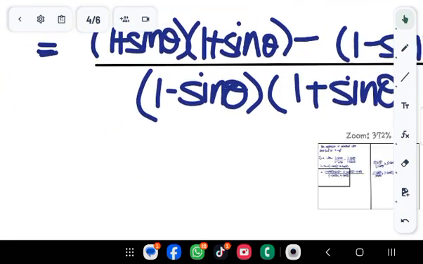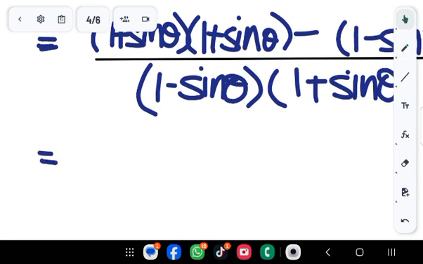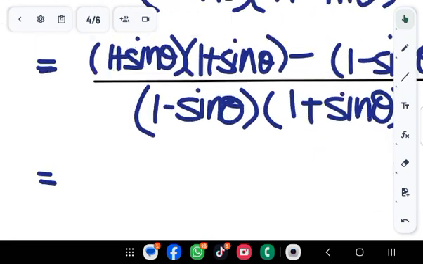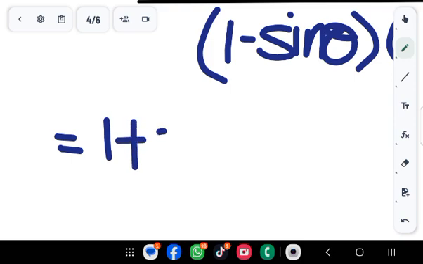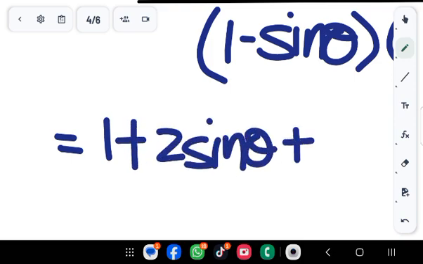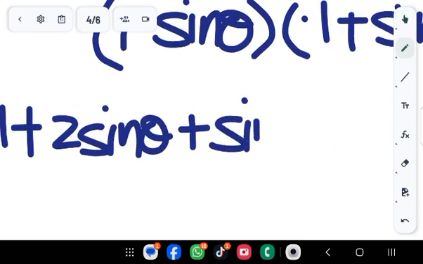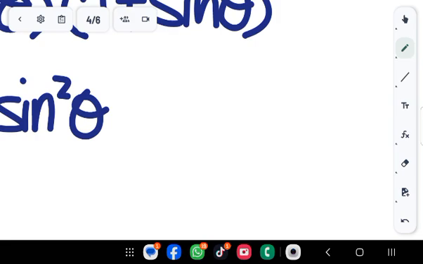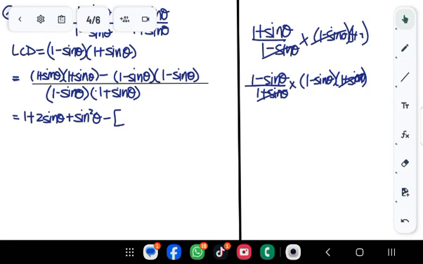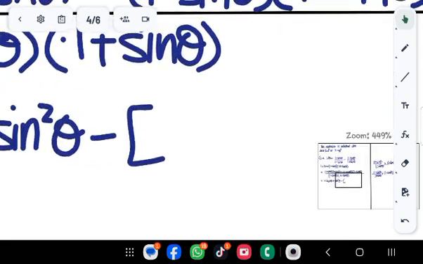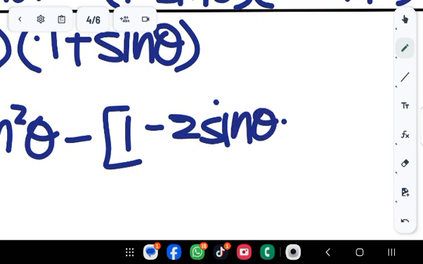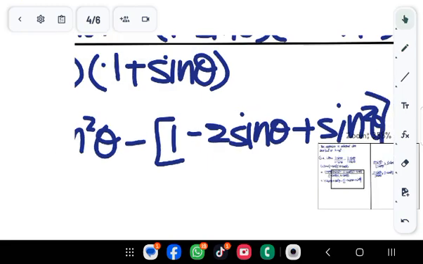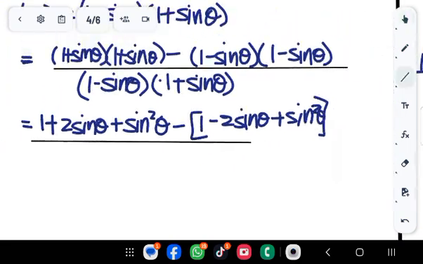Now let's multiply the top. Using FOIL, 1 times 1 is 1. So that will be 1 plus 2 sine theta plus sine squared theta, minus, this one will be 1 minus 2 sine theta plus sine squared theta, all over.